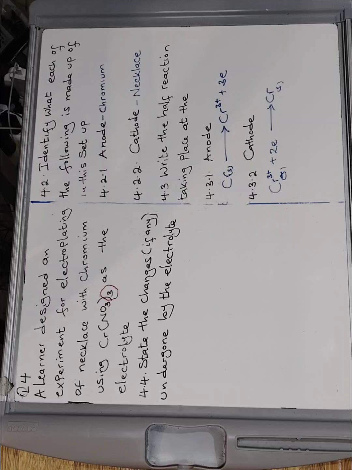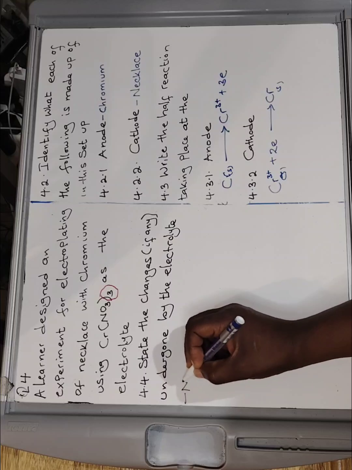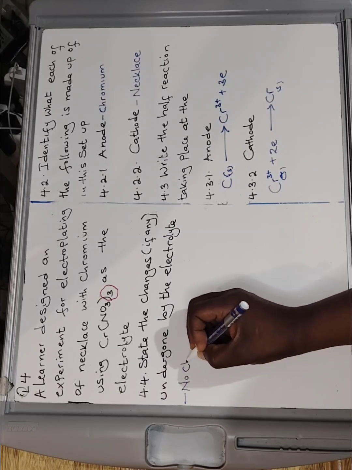Chromium undergoing oxidation, and chromium ions undergoing reduction. So when you are finding the net of this reaction, you are going to get the net as 0. So the moment you have this scenario, you have to make a conclusion about the changes undergone by the electrolyte. Okay. And what is the change? The change is no effect or no change.